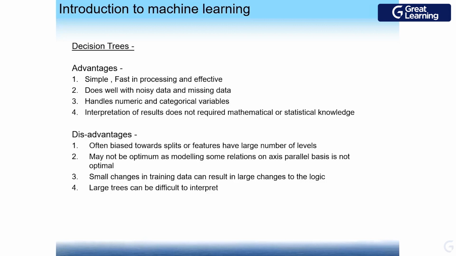Imagine you have 2 classes, where the classes are like this. You have been asked to build a decision tree based model which separates these 2 classes, the defaulters and the non-defaulters. So the first thing that you do is, suppose I take income.